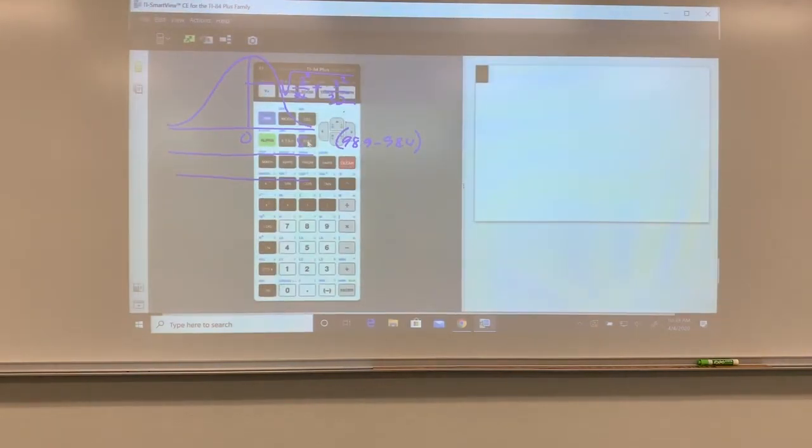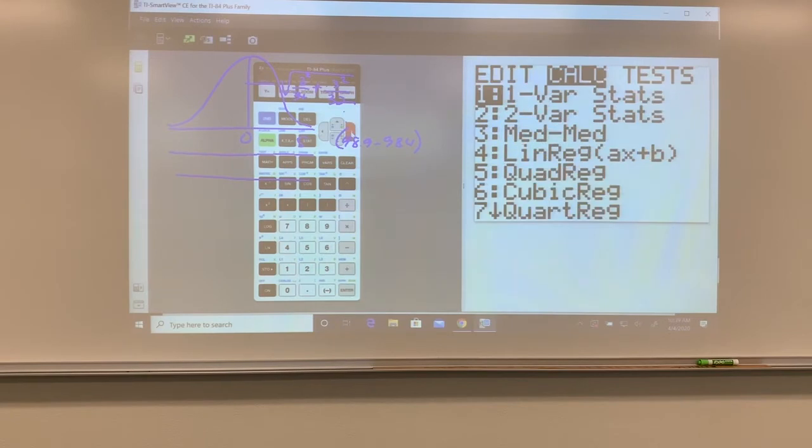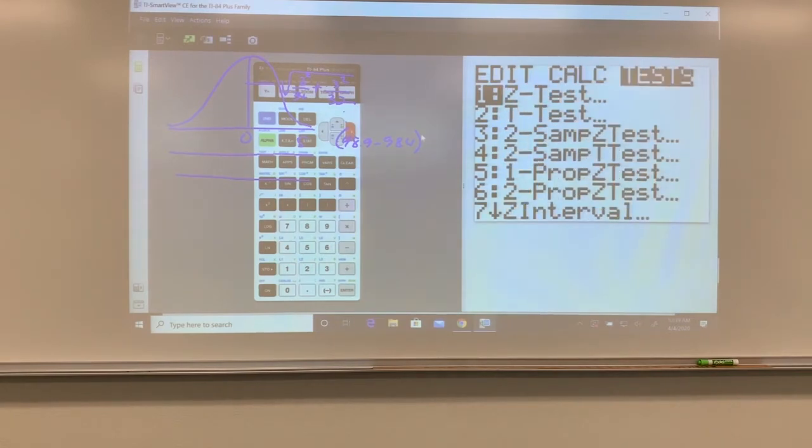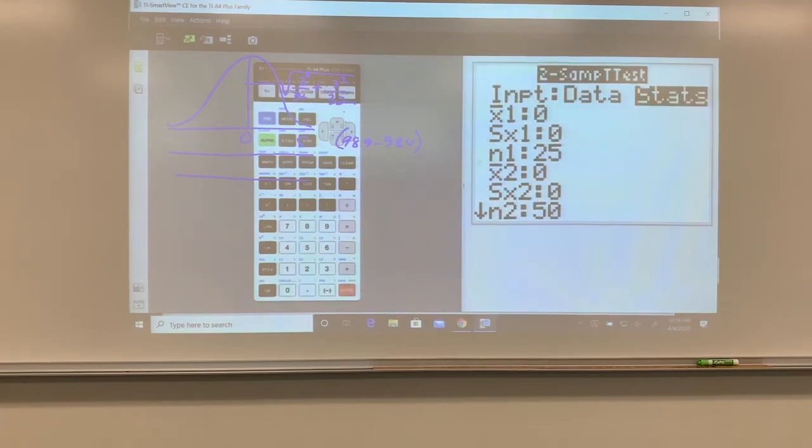So I'm going to go stat, tests, and I'm going to go to 2-sample t test. x bar 1 is 98.9.